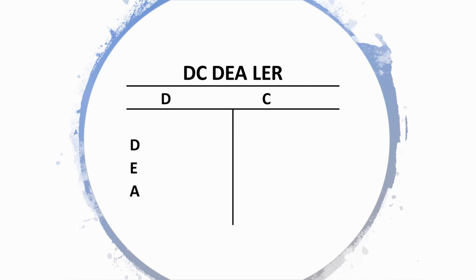The first three letters, DEA, has a debit natural balance for those respective accounts. The next three letters, LER, has a credit natural balance for those accounts.